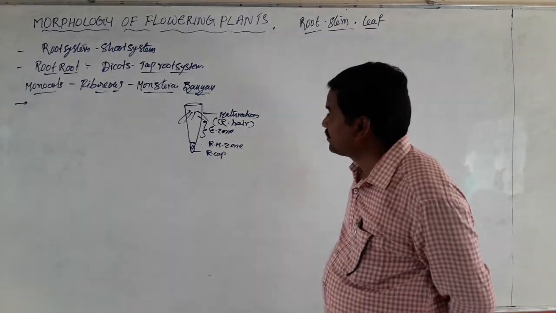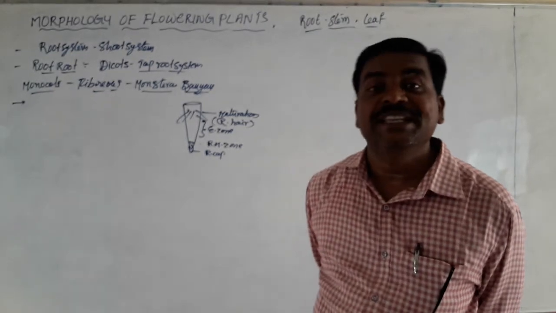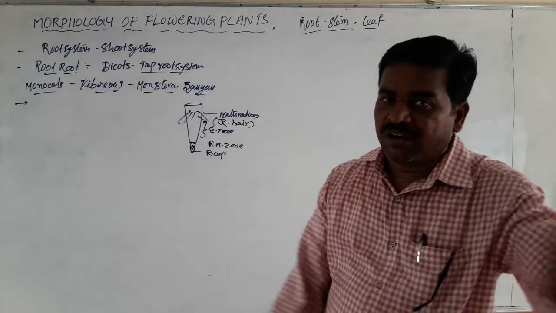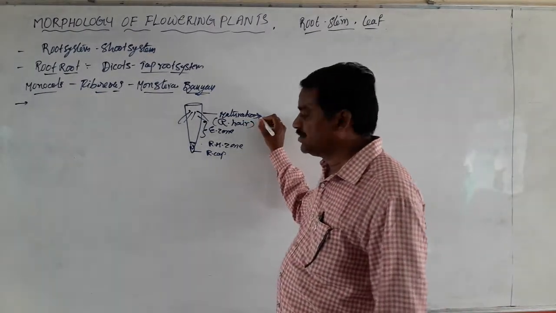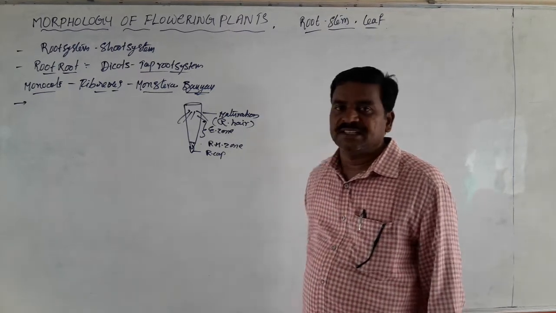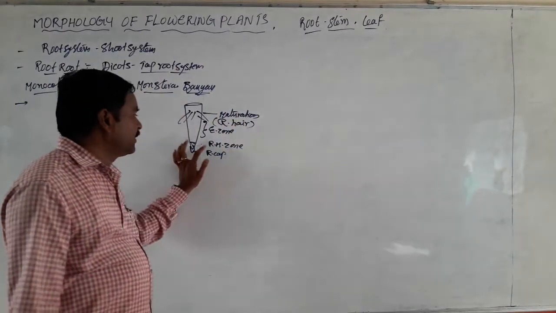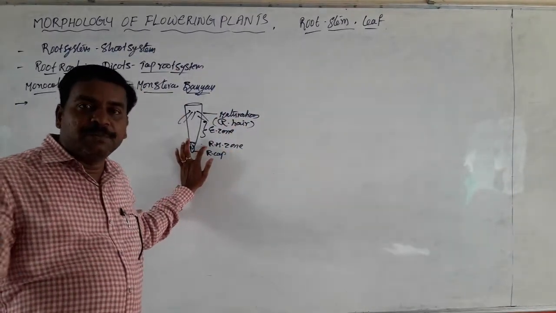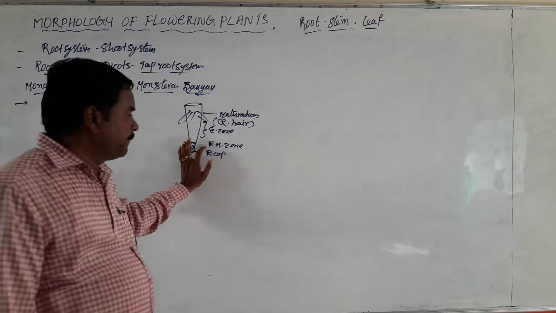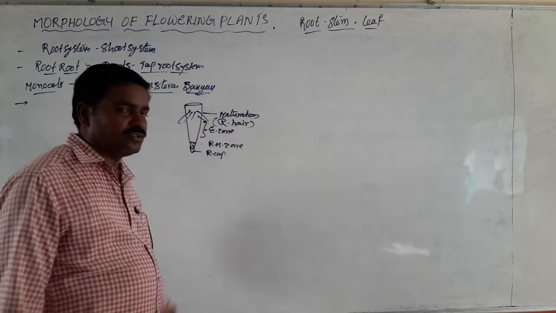Maturation zone is also called the root hair zone because a number of unicellular tubular root hairs are present in it. So the correct sequence from tip to base is meristematic zone, elongation zone, maturation zone.